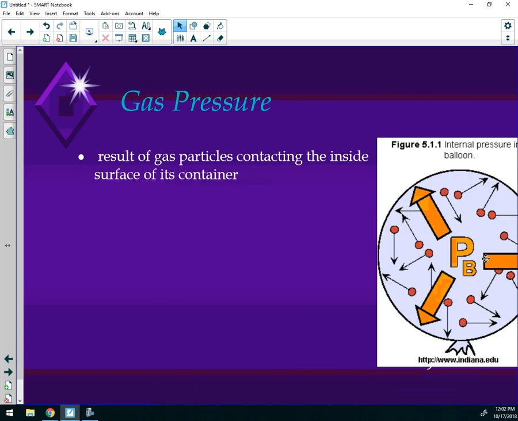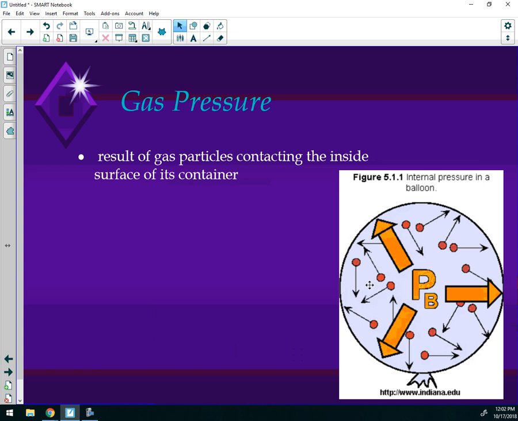All right, what about gas pressure? We talked about how gases take up the shape of the container. They fill the entire container. Well, if we take a set volume of gas and put it in a large container, then the pressure is very low because the gas molecules have lots of room to move.